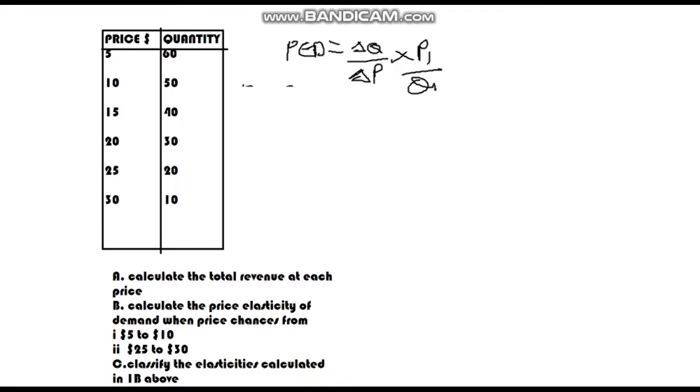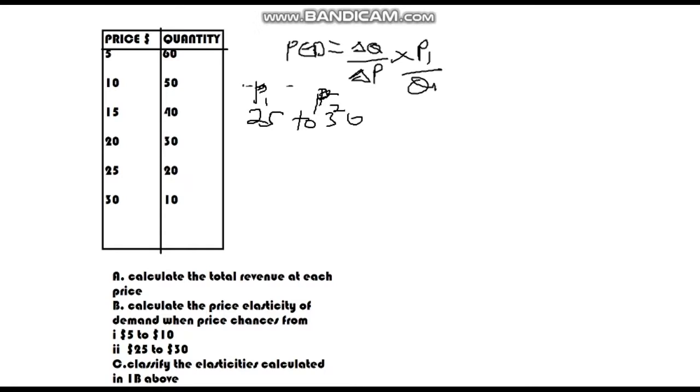The next one is saying that the price moved from $25 to $30. So which one will be our P1? So we are having 25 to what? 30.